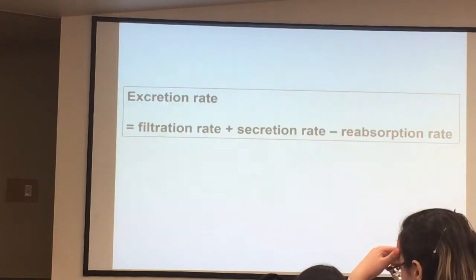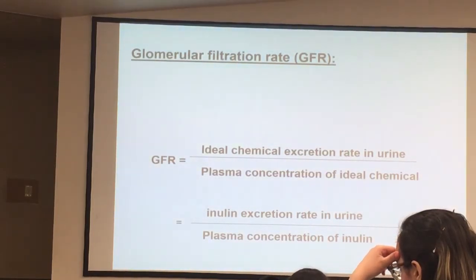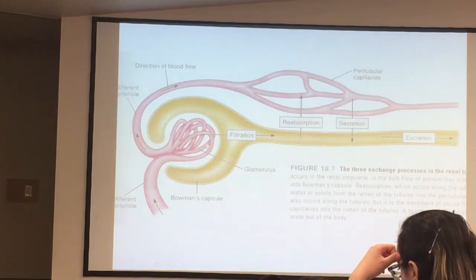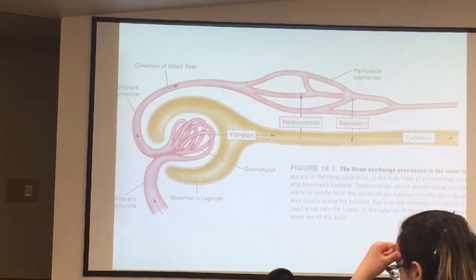Now, we want to know how good our kidney is and how we measure it. The rate of urine production we call the glomerular filtration rate, GFR. That means if the urea can be quickly removed from the glomerulus to the capsule and to the tubule, that is good kidney function.